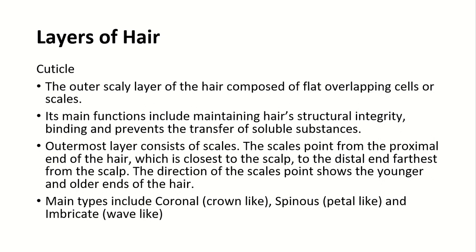The point near the skin would be the younger end, and the end distant from the skin would be the older end. The main types of scales found in the cuticle are coronal or crown-like, spinous or petal-like, and imbricate or wave-like. Imbricate type is observed in human hair.